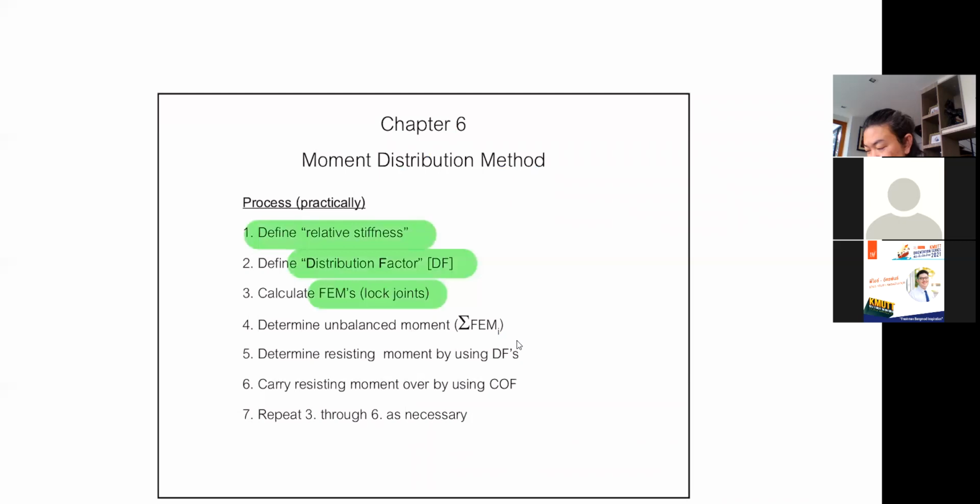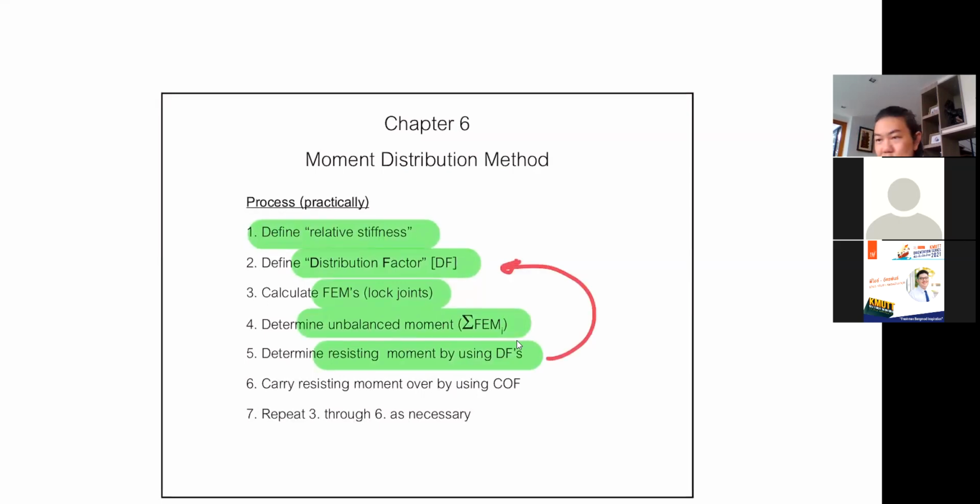Then once we have the fixed end moment, you can calculate the unbalanced moment. It's going to come in and balance the moment that comes out when you unlock the joint, by using this distribution factor. Once you have the unbalanced moment coming out of the joint, you can determine the resisting moment by using the distribution factor.